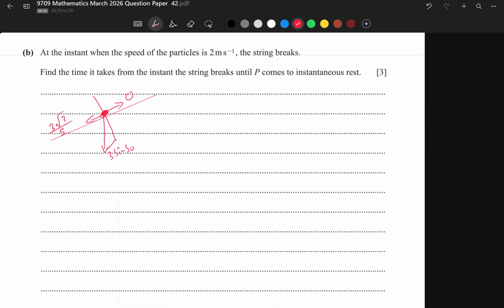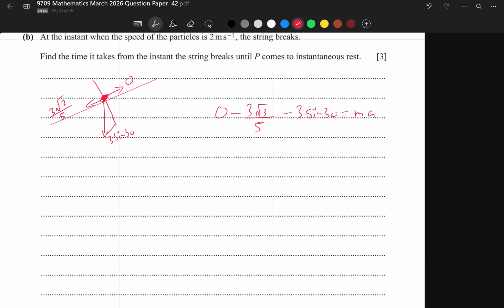Now first of all, the driving force is 0. So 0 minus 3 whole root 3 divided by 5 minus 3 sin 30 equals MA. We'll calculate a from here.